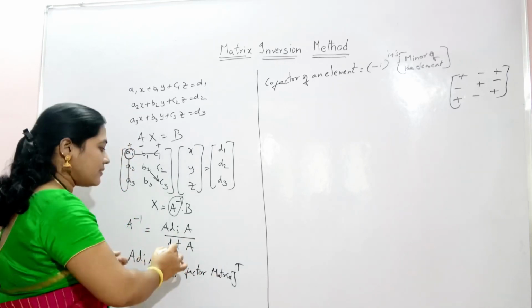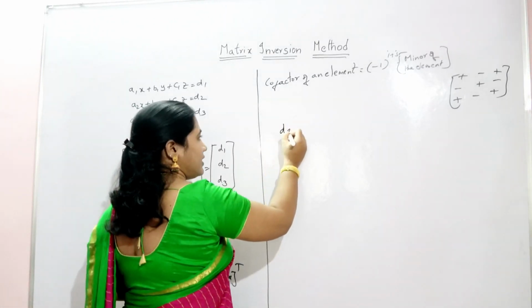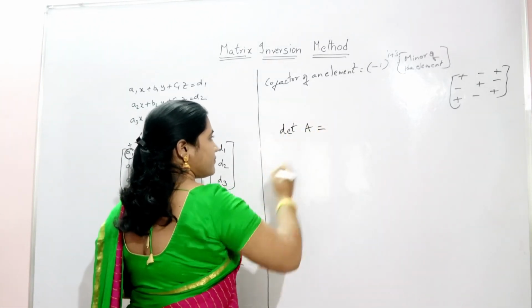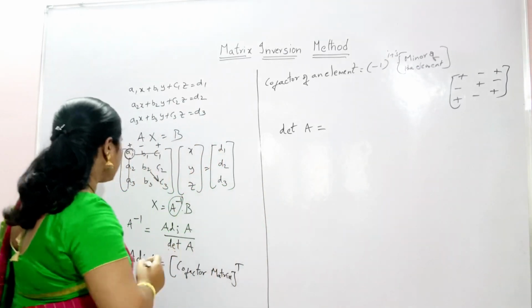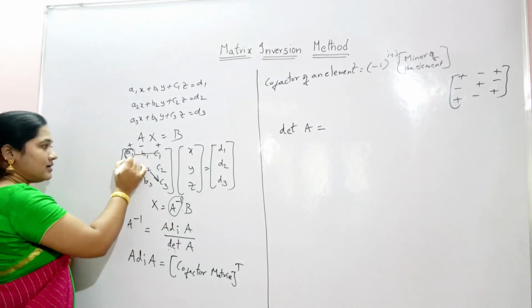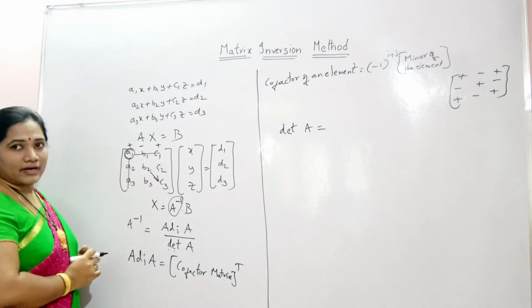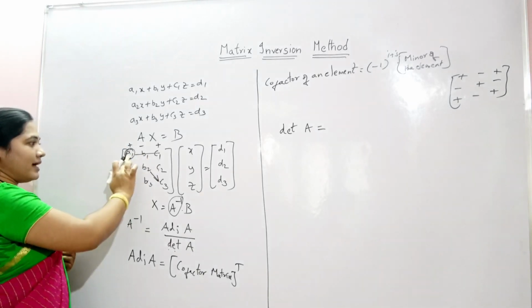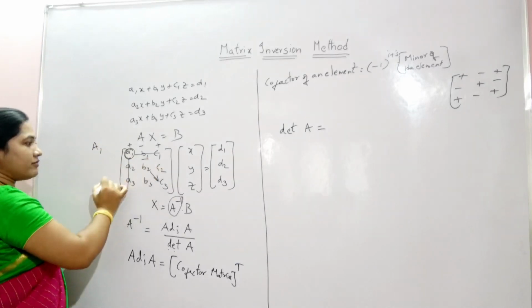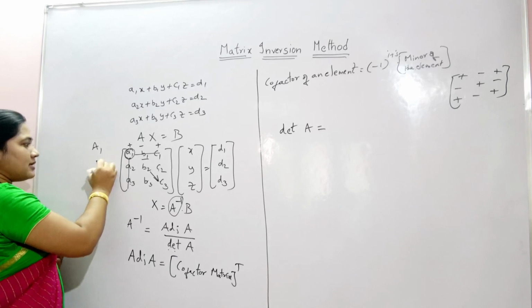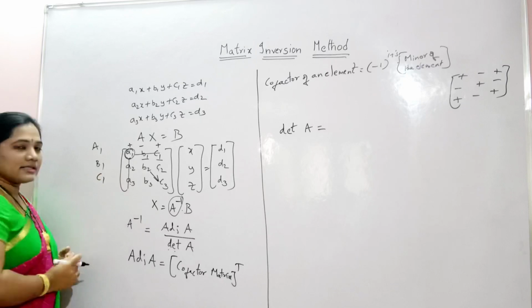Then the next step is how to find the determinant of A. The determinant of A is the sum of the products of the elements of the first row with the corresponding cofactors. Suppose the cofactor of a1 is capital A1, the cofactor of b1 is capital B1, and the cofactor of c1 is capital C1.